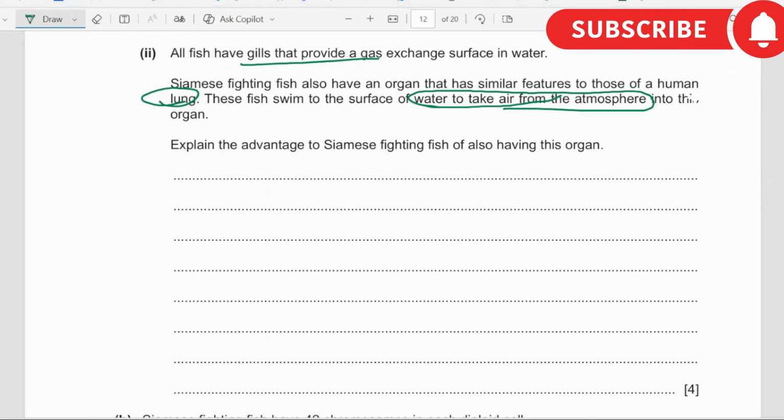Then this is point number one. Aerobic respiration, correct.